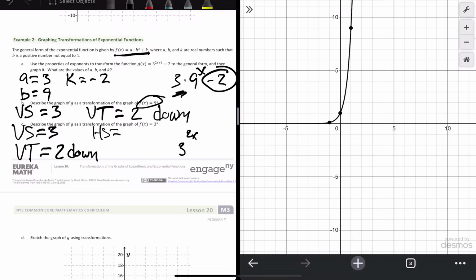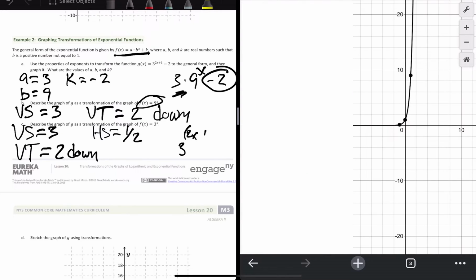And so that 2 is going to cause it to be a 1/2 scaling factor. Everything else will stay the same though. All right.